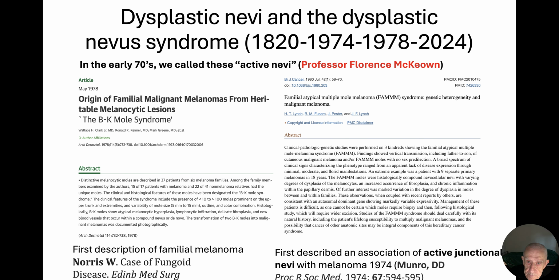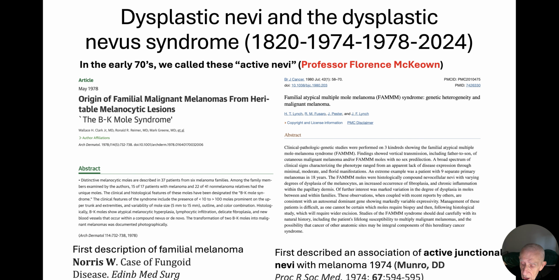Now, when I was training in Belfast, Professor Florence McKee was my mentor, and she recognized an unusual nevus which she called active nevi, and in retrospect these active nevi were in fact dysplastic nevi.